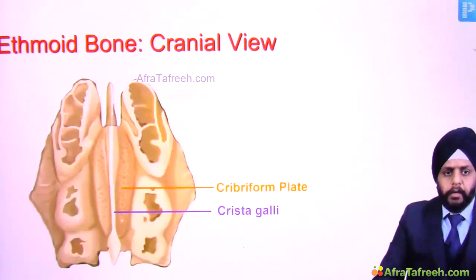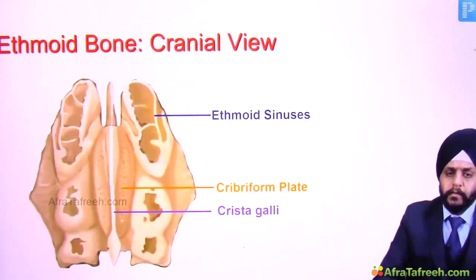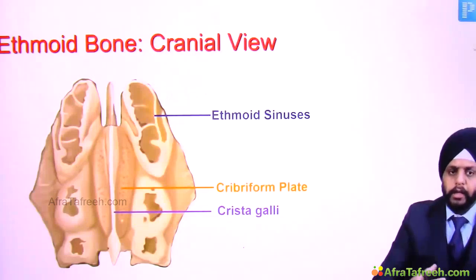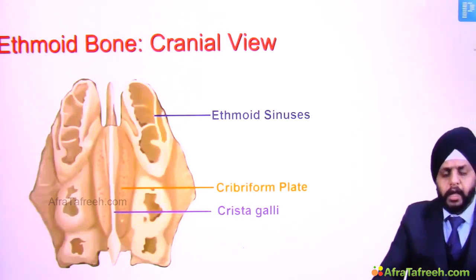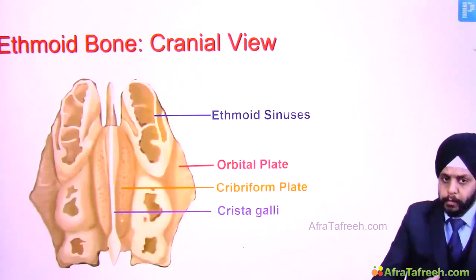Lateral to the cribriform plate we have a group of air cells, together known as ethmoid sinuses, and lateral to that we have the orbital plate or the lamina papyracea, which forms the medial wall of the orbit.